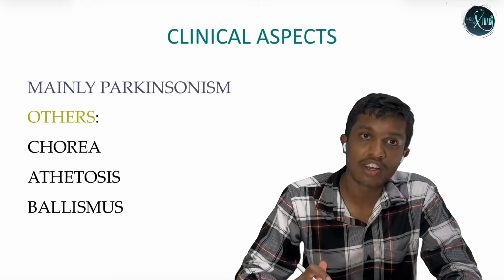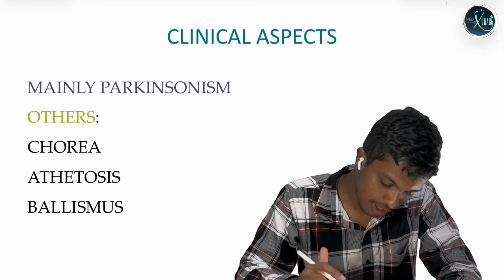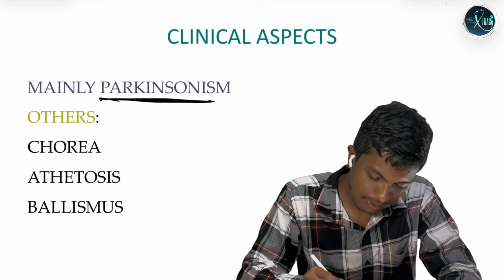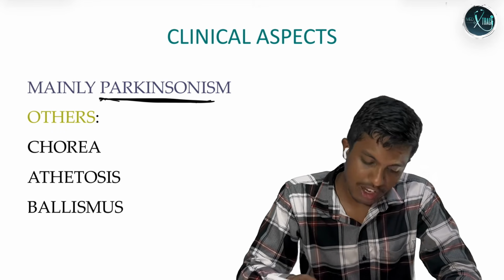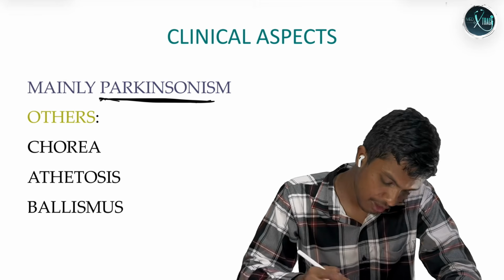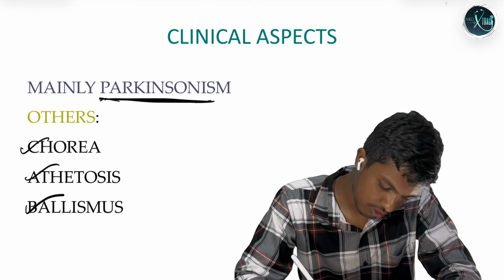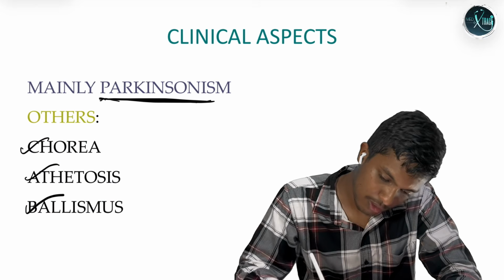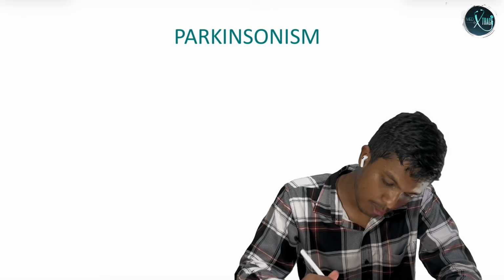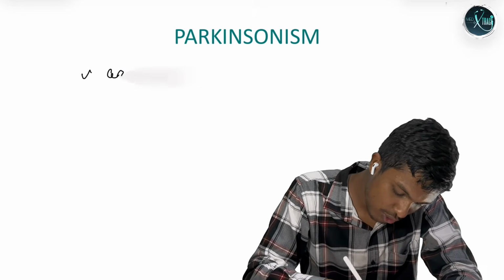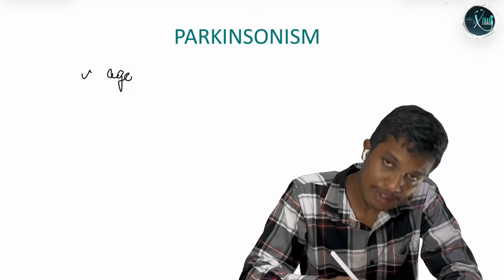Coming to its clinical aspects, Parkinsonism. Parkinsonism is one of the most important clinical aspects associated with basal ganglia. It also includes chorea, athetosis, and ballismus, which are not much important. Parkinsonism refers to an age-related neurodegenerative disorder.